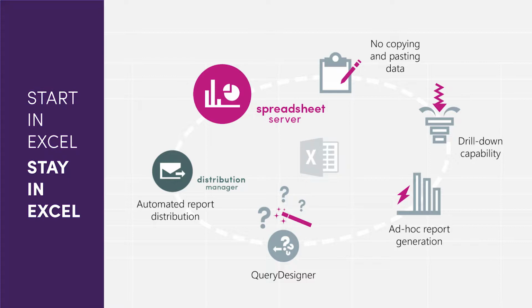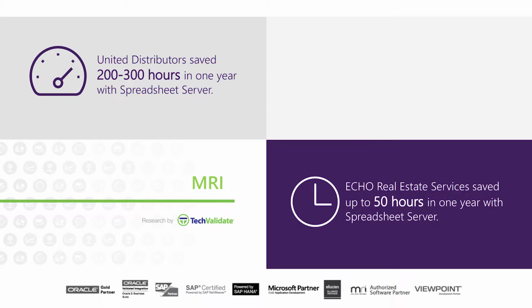Kevin will probably show examples of how to use it, and Heather may speak to it as well, but we have a component of Spreadsheet Server called Distribution Manager that automates the updating, scheduling, and distribution of reports from within Excel. So you build a distribution list and you can send those out quickly. So that's what we're going to see from our side today.